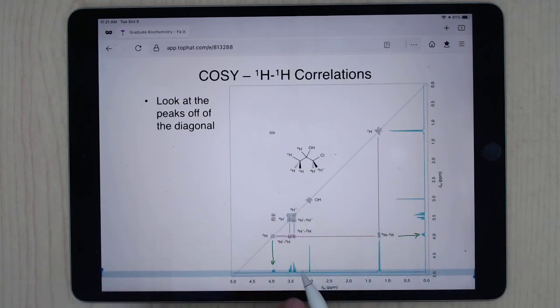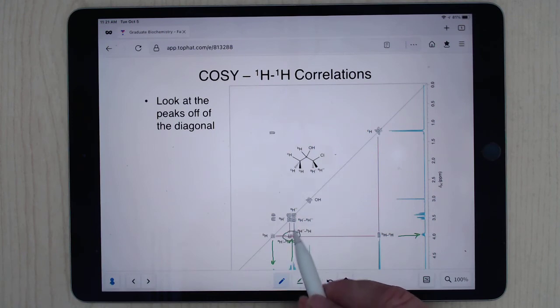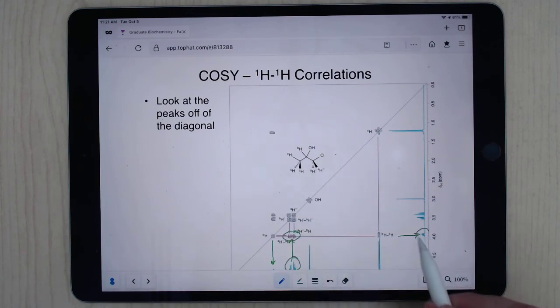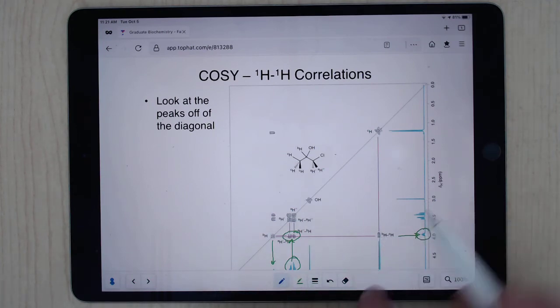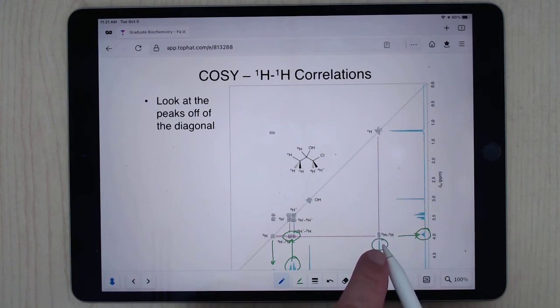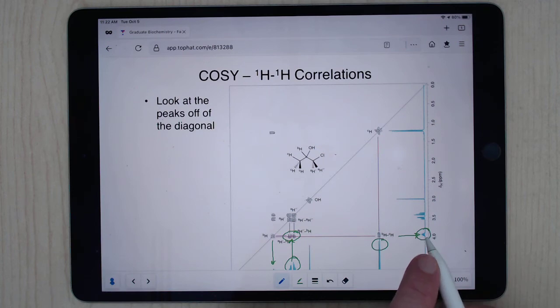But what's also happening is that this signal here is also interacting with this one, so these guys are interacting. Also these guys here, because there's a signal here, you go down, and then here.